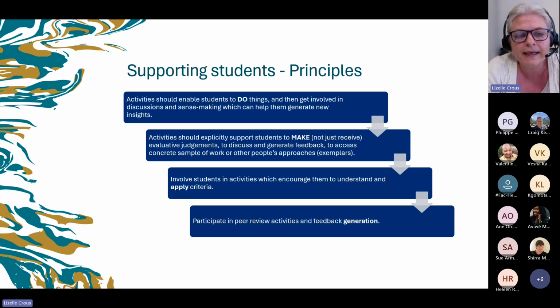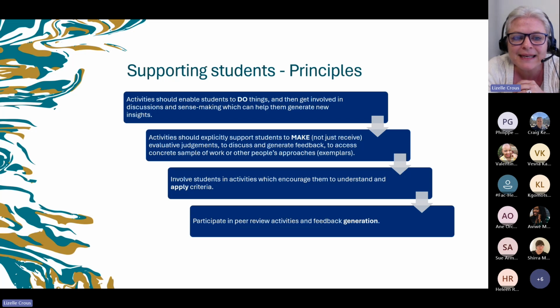The main thing is that whatever activities or processes you are embedding in your teaching and learning, it has to create an opportunity for the students to do things. The only way that they will get involved is if they are doing, practicing, and not merely observing and receiving. So get them involved in the discussions so that they are able to make sense and generate new insights, instead of just receiving the information.